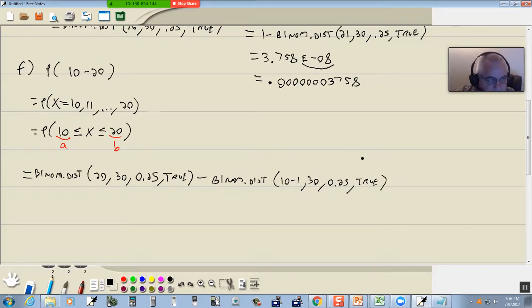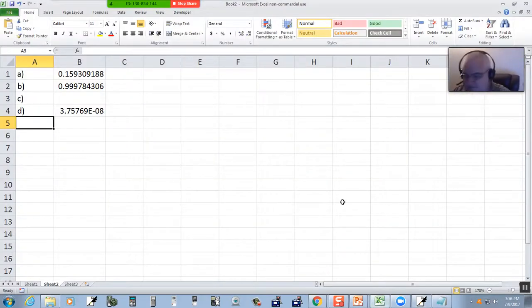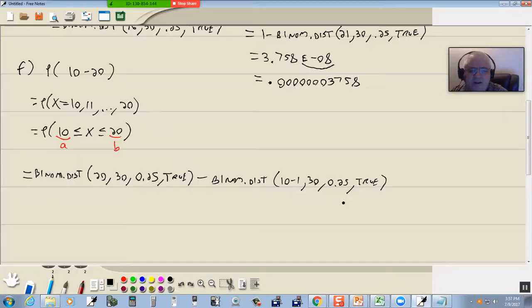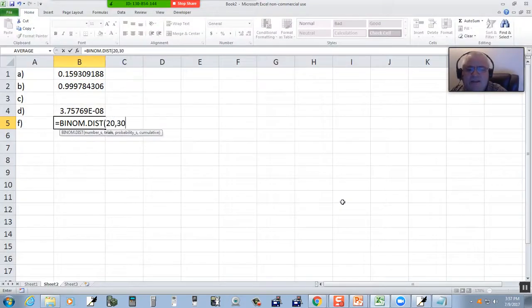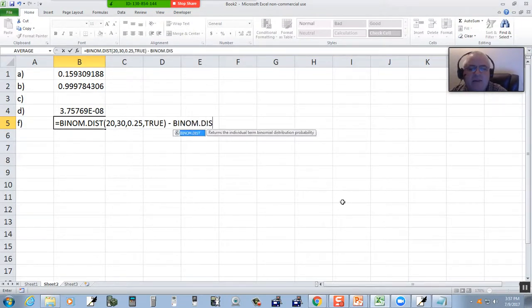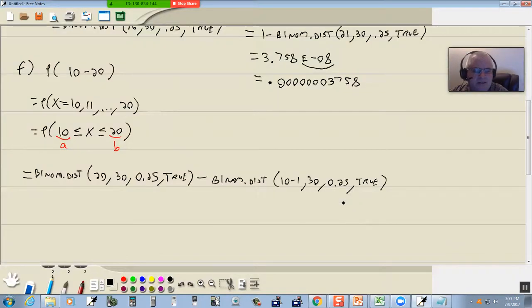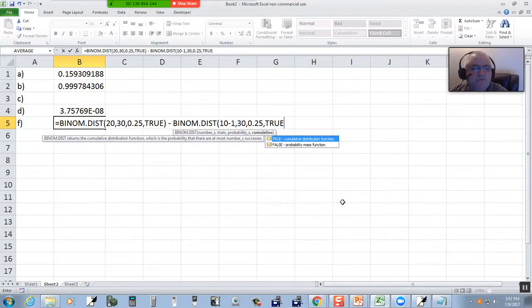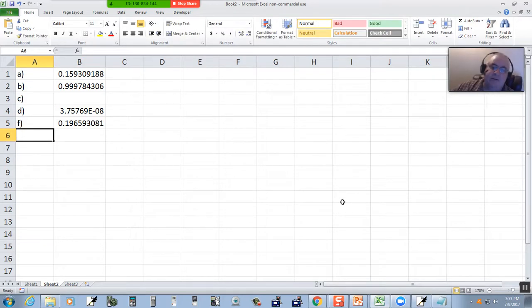So that's how I'd plug that in the calculator. What is this? This is F. Equals binom distribution 20, 30, 0.25 true minus binom dist 10 minus 1. You could put in 9 if you wanted to. 30, 0.25 and true. And that'd give you your answer.